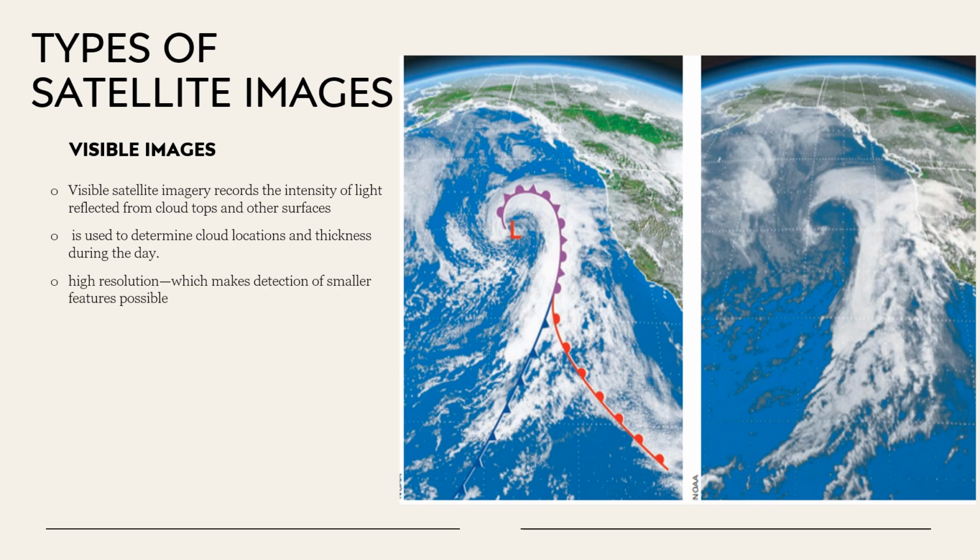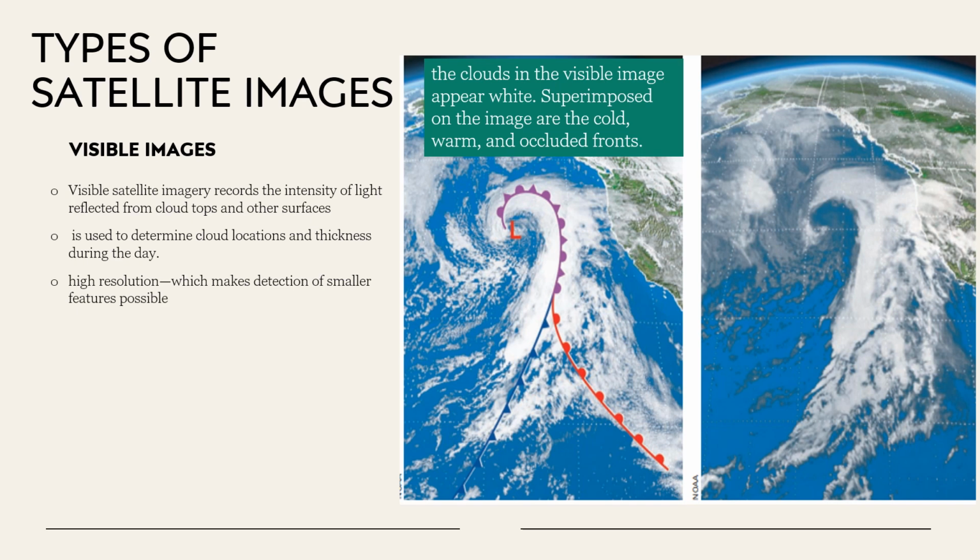As an advantage, it has a high resolution, which makes detection of smaller features possible. And as shown in this picture, the clouds in the visible image appear white, and superimposed on the image are the cold, warm, and occluded fronts.